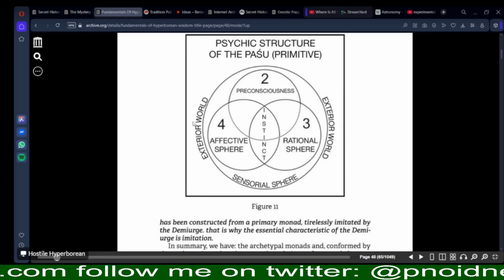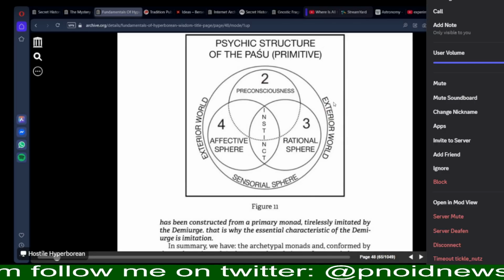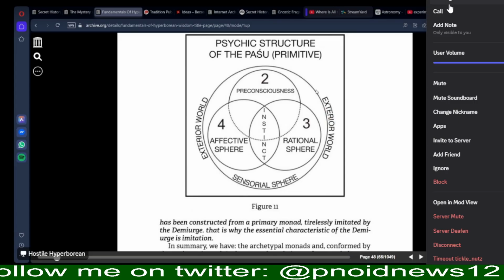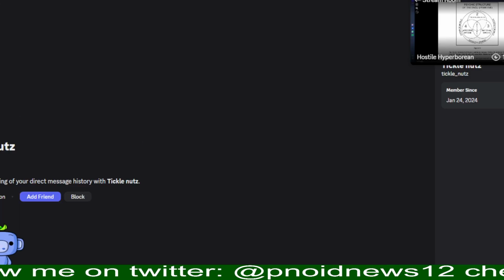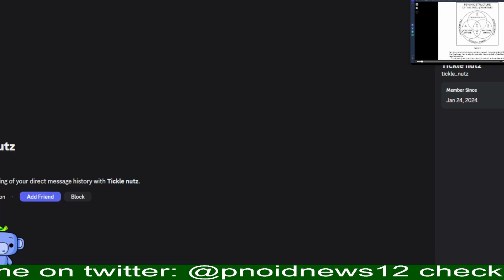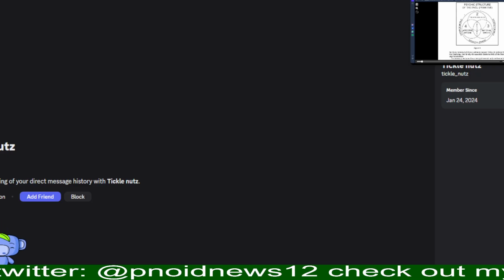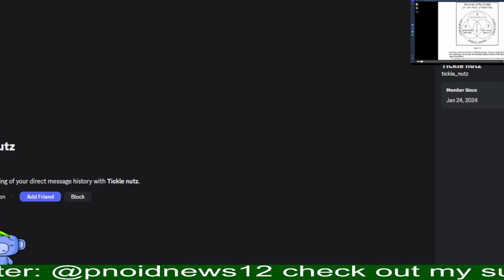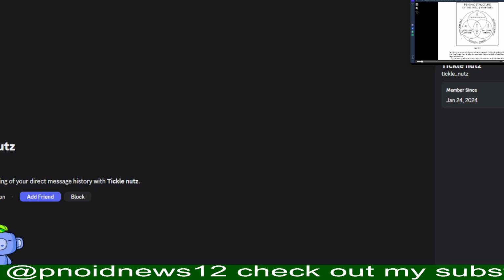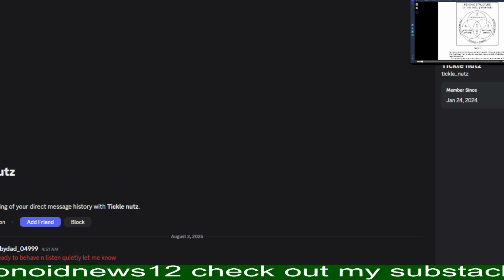There's the exterior world that lays beyond this outer circle, which is the sensorial sphere. So this right here is analogous to all the 5 senses, and you can go even further, like Steiner's 12 senses, your sense of balance, heat or warmth, or whatever. All the senses that you experience are on this outer circle.